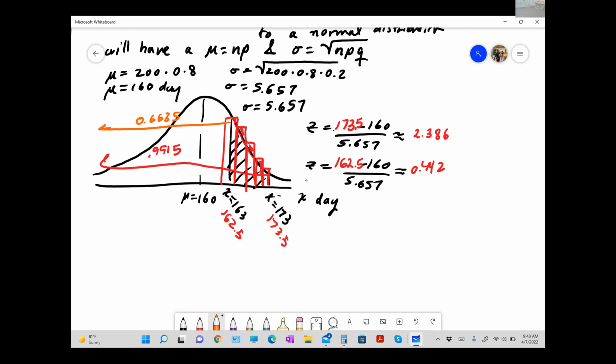And now to get the area in between, you would have to subtract them. In other words, the probability that X is greater than 163 and less than 173.